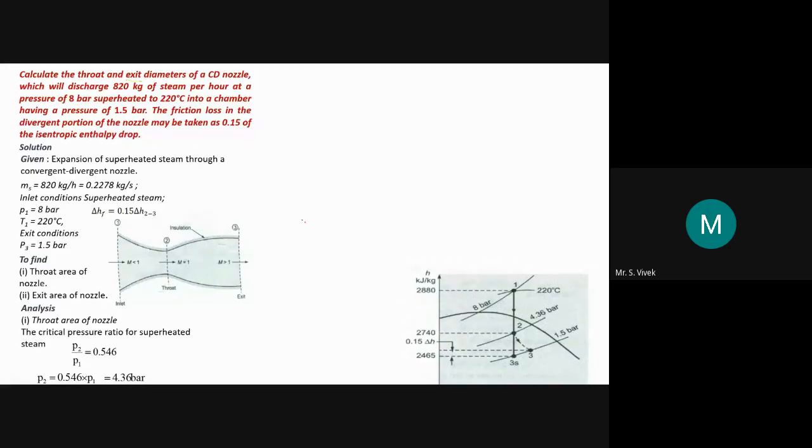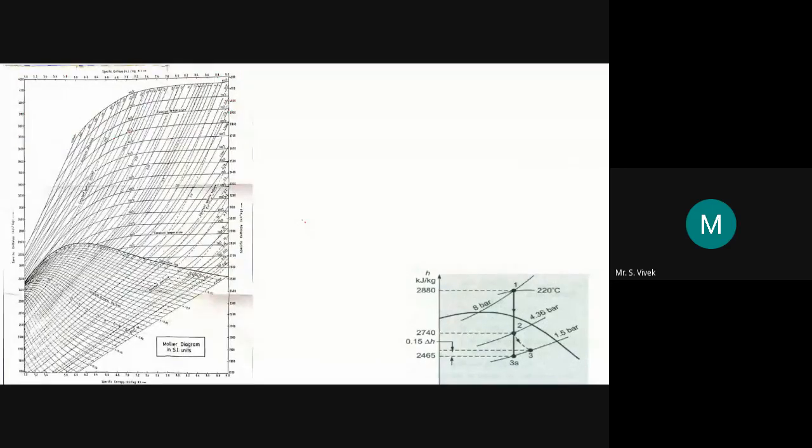So as a next step, I'm going to find out the steam properties, that is enthalpy, entropy, specific volume at different stages. Different stages means with respect to the CD nozzle, I showed you the states or stations are 1, 2, and 3. That is inlet condition, throat condition, and exit condition.